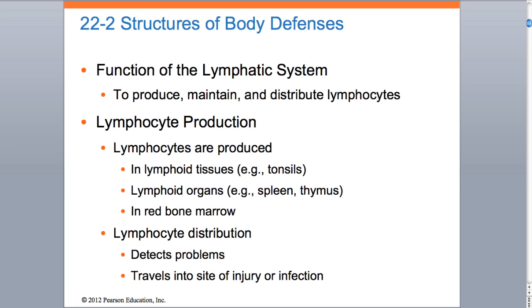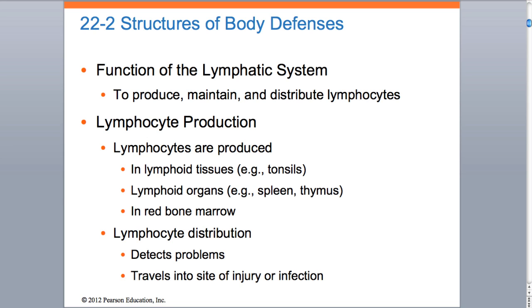Now, what does the lymph system do? Well, one function listed here, it says, is producing and maintaining and distributing lymphocytes. So the lymph system deals with production, maintenance, and distribution of lymphocytes. Okay. Now, where are these lymphocytes produced? In places like tonsils, spleen, thymus, red bone marrow.